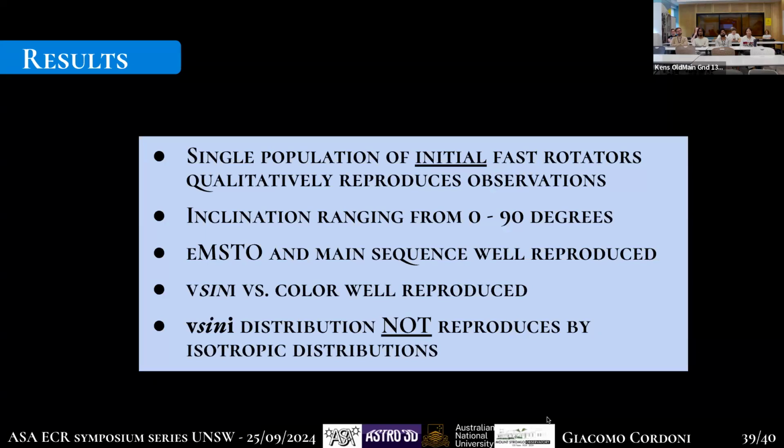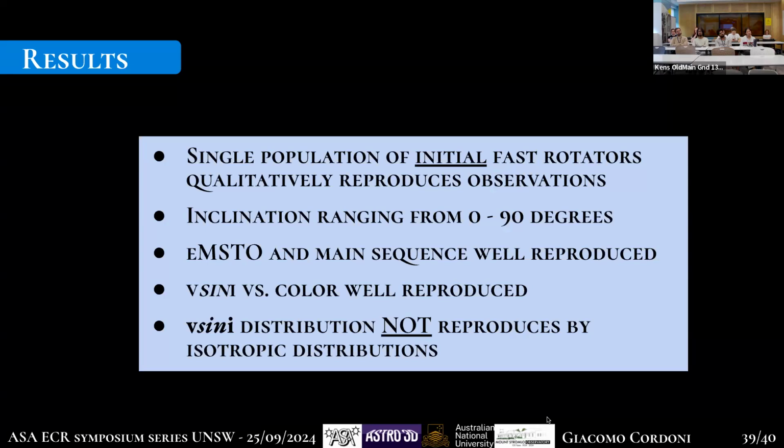Now, I want to stress that what we did is just assume initial rotation rates, and then we let them evolve. So we can exclude that the bimodal rotation rate is, let's say, intrinsic at formation. We cannot exclude that some of these stars slow down during their life.